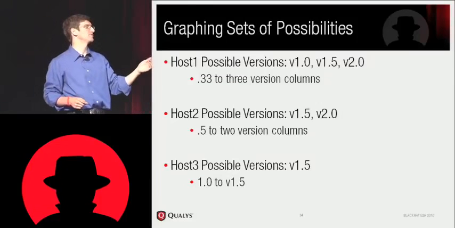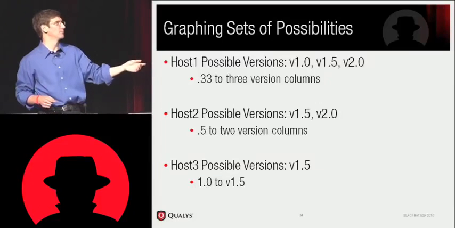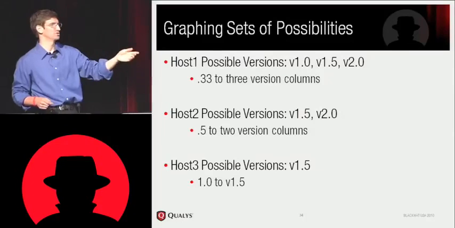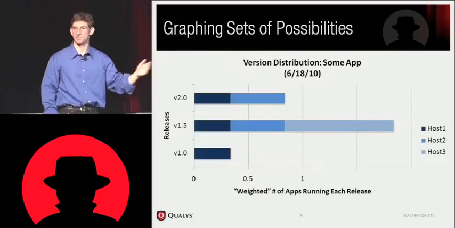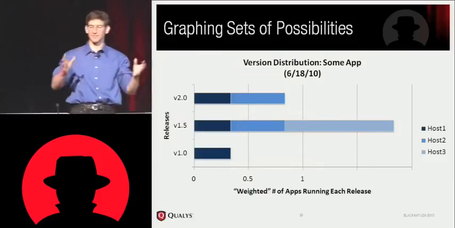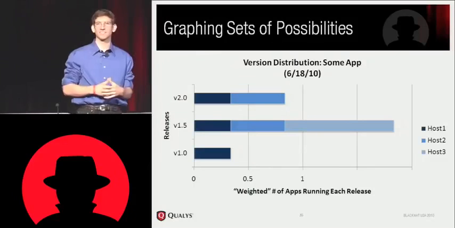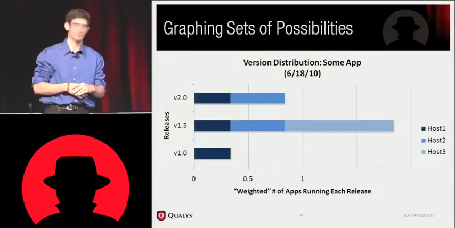Then we do 1 over n to that column, and then finally host 3. We actually pin it down to a specific version, so the full 1.0 or 1 over 1 to that column. So here's basically the X-ray of that previous chart. So we are representing the fact that we can only infer sets of possibilities, but it lets us put all the data on the chart and not misrepresent anything.